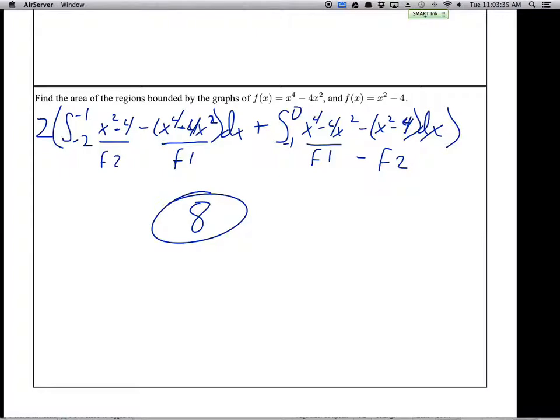If I'm using the calculator, what do I do first? Graph them, find the intersections, and figure out which ones are on top or right. Then you want to set them up. When you set them up, you want to label what? F1 and F2. Plug it into your calculator, it gives you your answer, and make sure you have 3 decimal places.